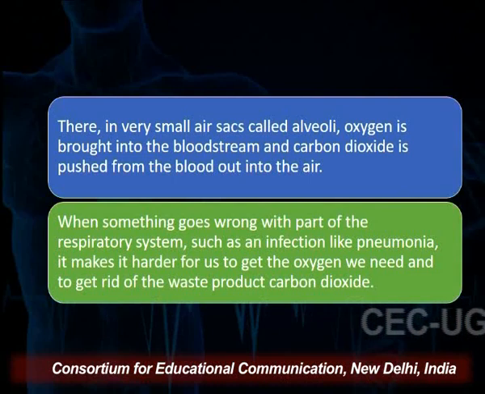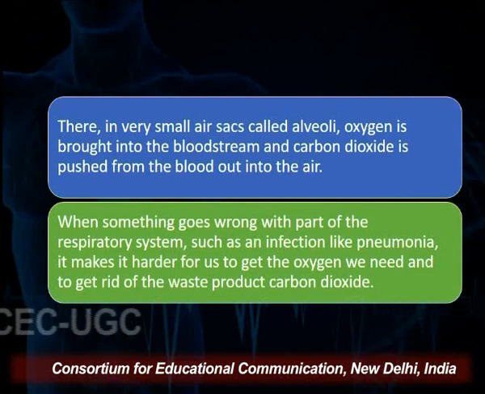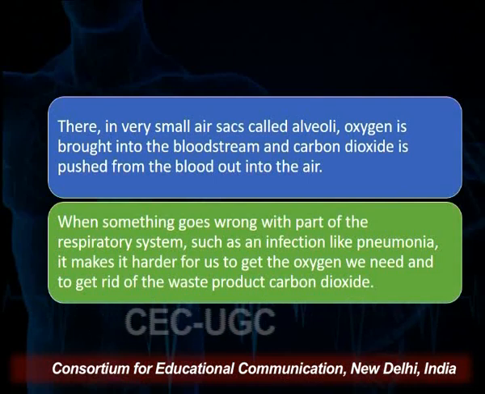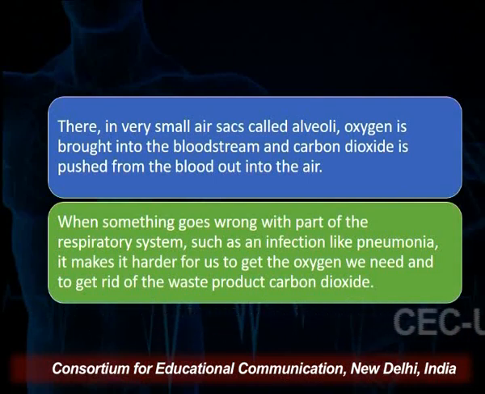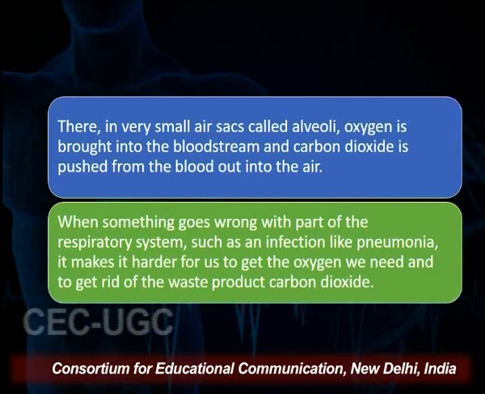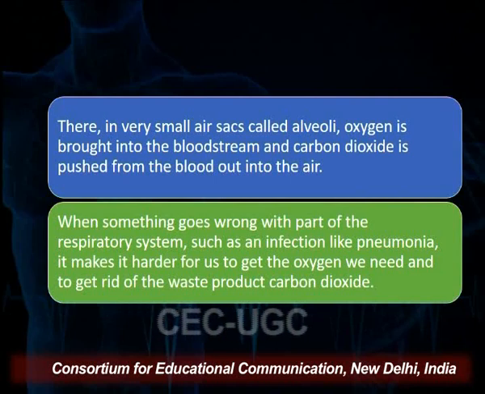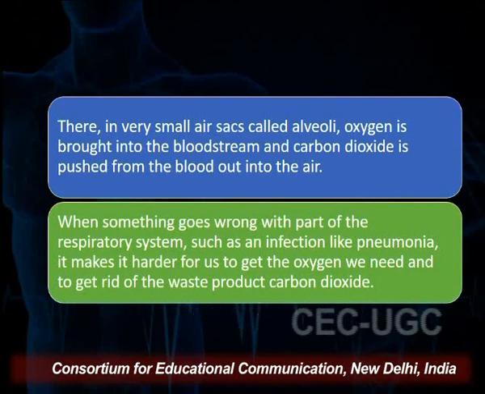Oxygen is brought into the bloodstream and carbon dioxide is pushed from the blood out into the air. When something goes wrong with part of the respiratory system, such as an infection like pneumonia, it makes it harder for us to get the oxygen we need and to get rid of the waste product carbon dioxide.